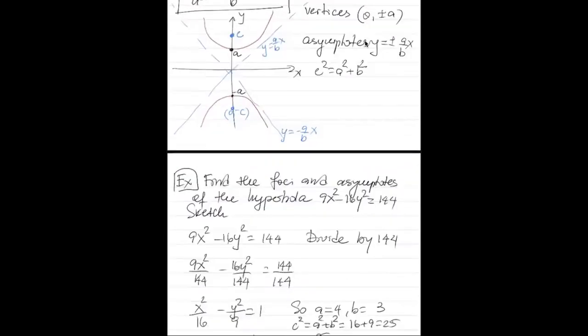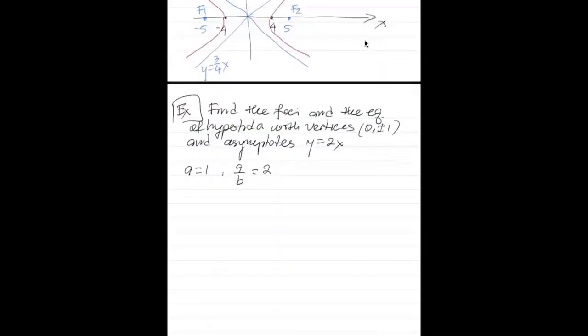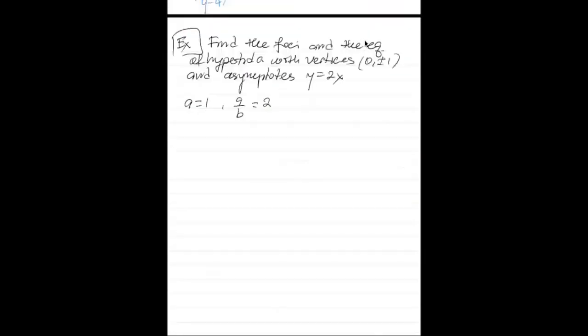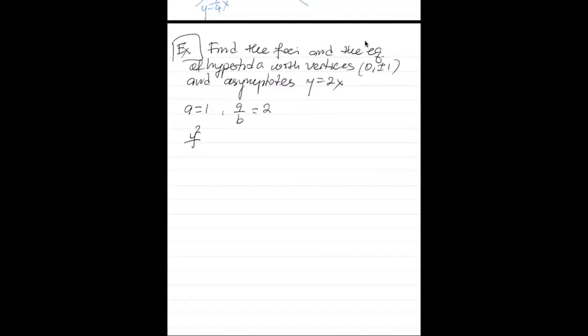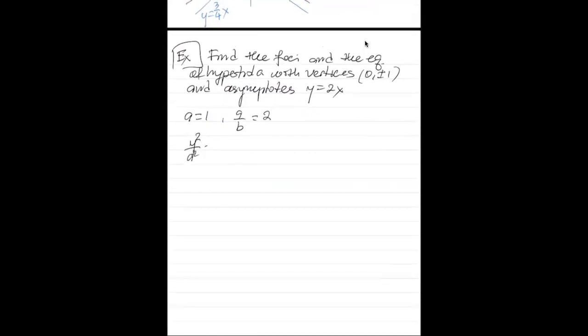The equation that we need in this case is y squared over a squared minus x squared over b squared equals 1. So we have a is 1, a over b is 2, which brings us to b equals 1/2.